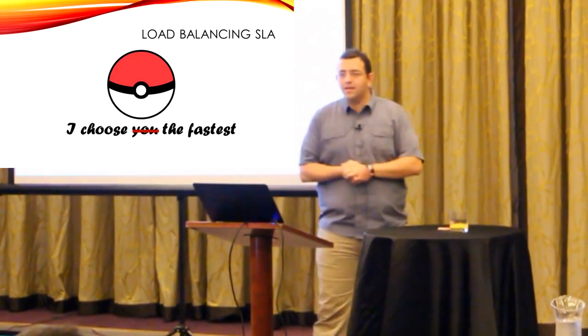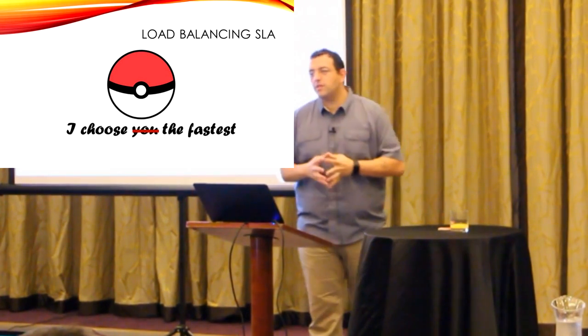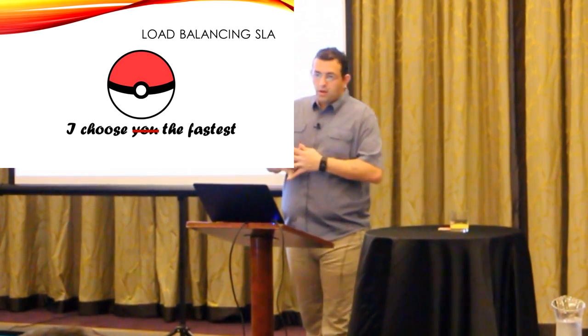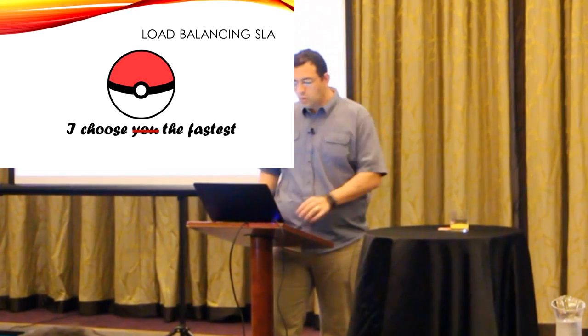Now, the next thing that we need to talk about is the notion of load balancing. So in RavenDB 3.0, we have load balancing basically based on round robin. In RavenDB 3.5, we also have, where is this?